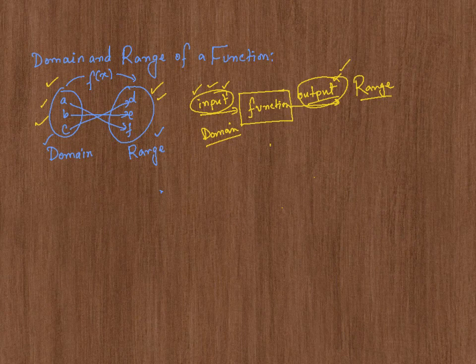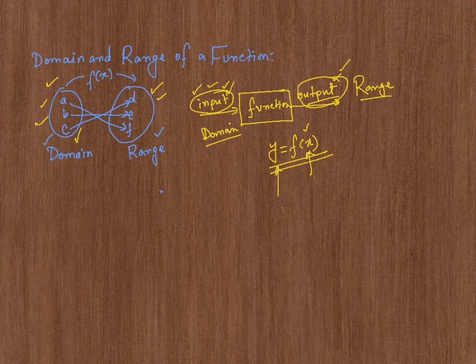Also note that a function is represented as y is equal to f of x. This is a notation for a function. So what does it say? f of x. It is not f times x, just to clarify. It says that we are dealing with a function where the independent variable is x. That means the inputs are x values, the domain values are x, and the dependent variable is y.